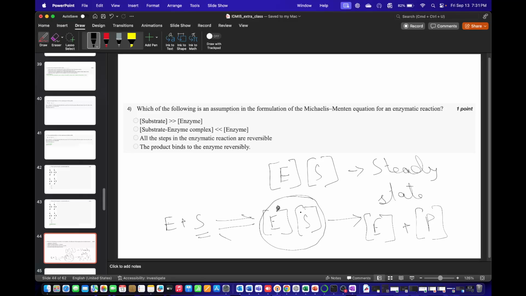So to achieve a continuous formation of this enzyme substrate complex, the concentration of the substrate must be much higher than the concentration of the enzyme. So actually the first option is basically the assumption, that the amount of substrate is much greater than the amount of enzyme.